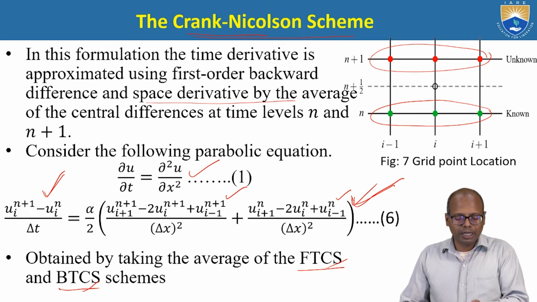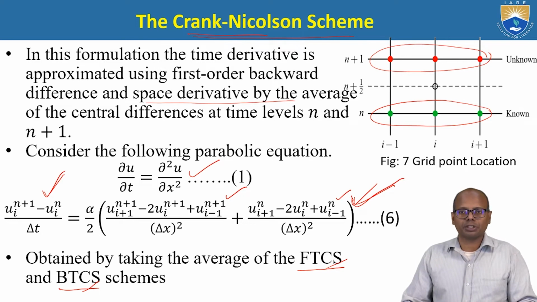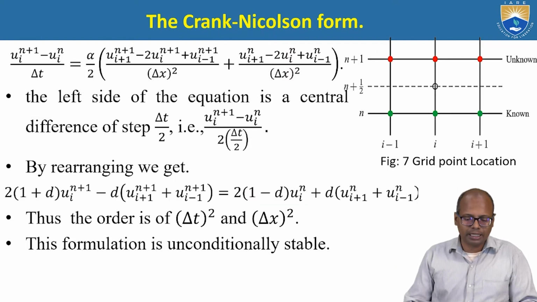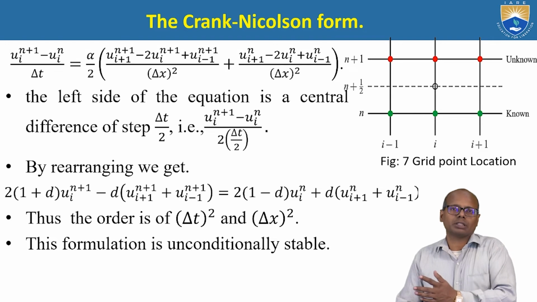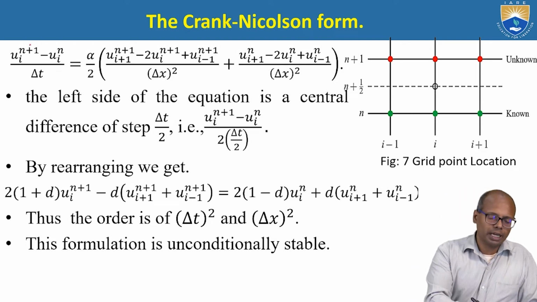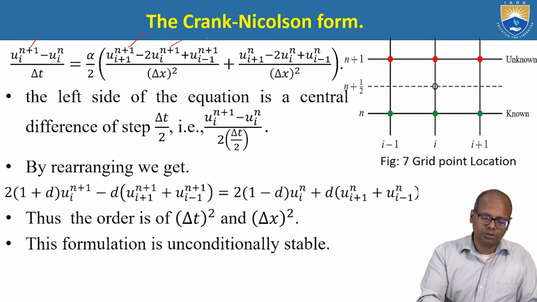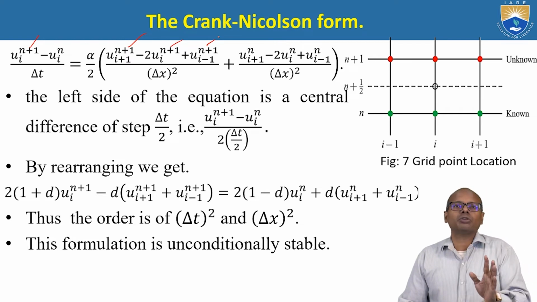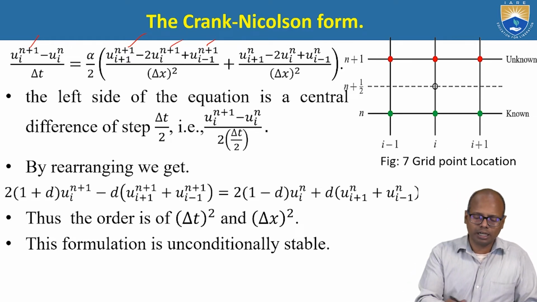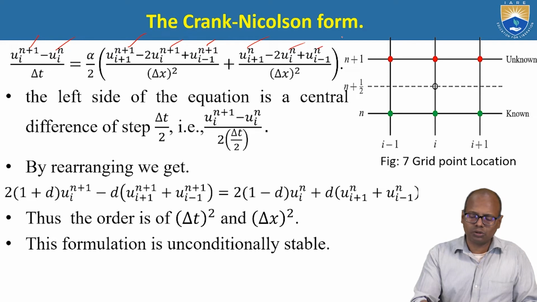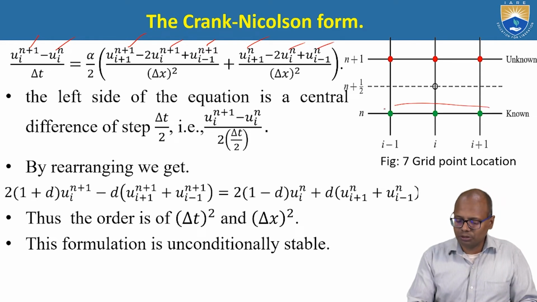Now, if I rearrange the terms in this equation, I can get a big equation which will have the unknowns at n plus 1, at 1, 2, 3. Three unknowns are there, and here I have known values. So I have 3 known values and 3 unknown values.